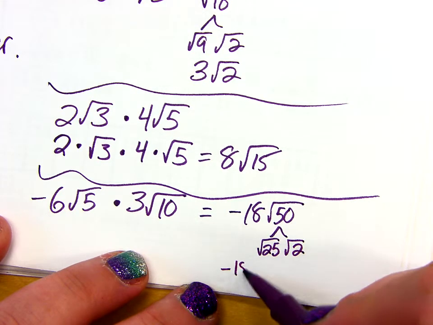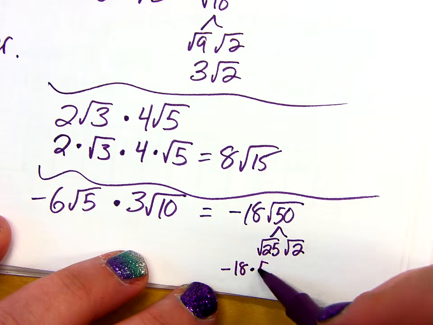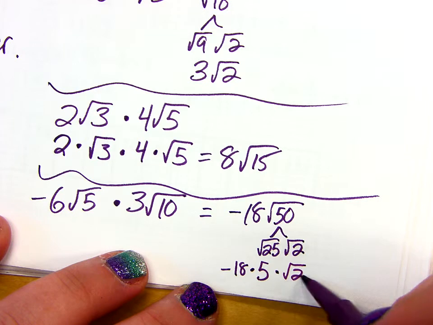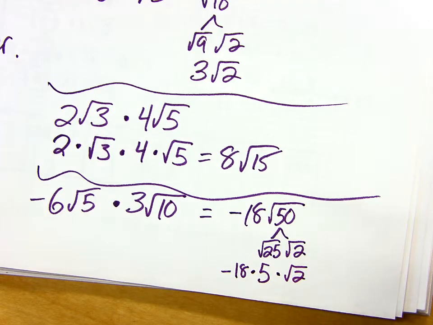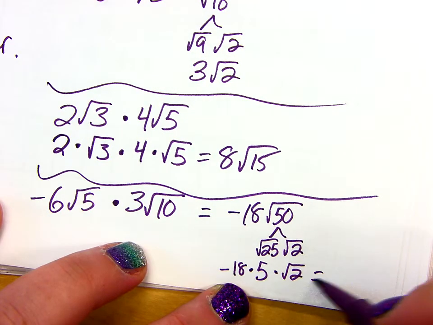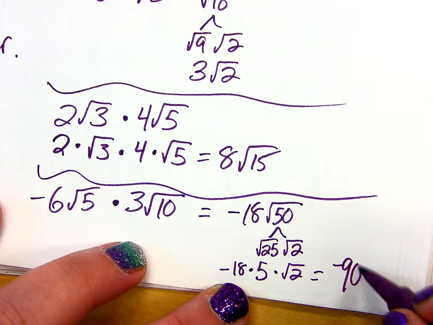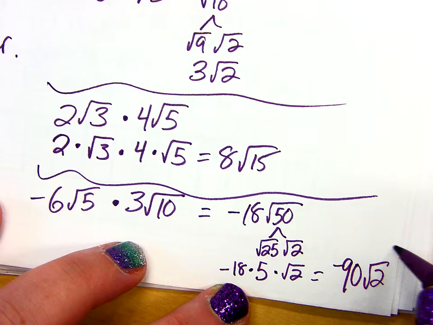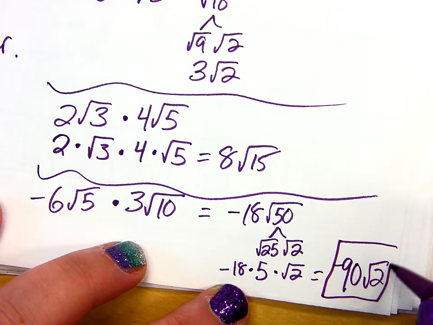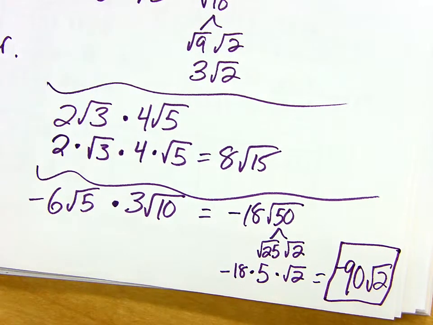So it's really negative 18 times 5 times root 2. Negative 18 times 5 is negative 90, right? So my final answer is negative 90 root 2. Did you get it? Or do you see how I got it? Does that make sense? Yes.